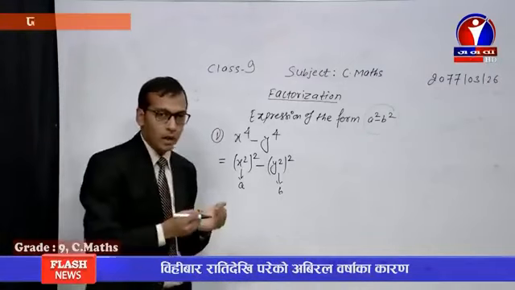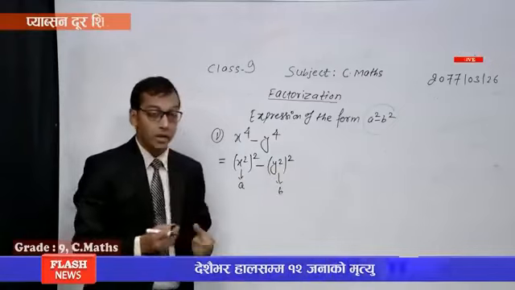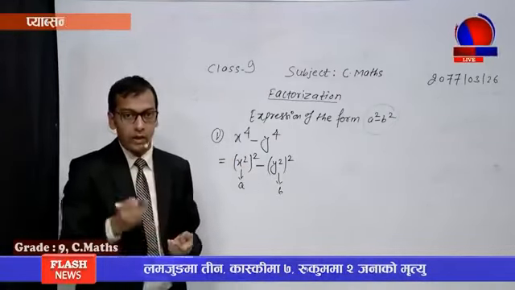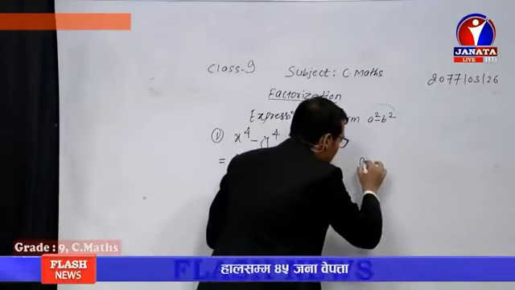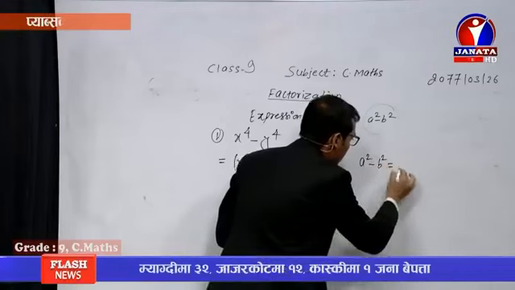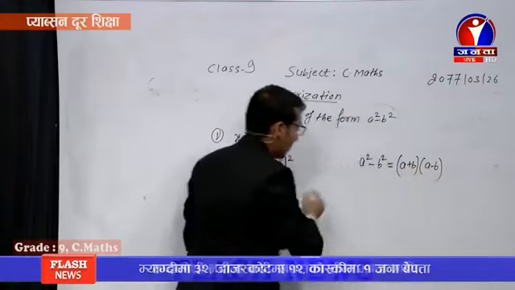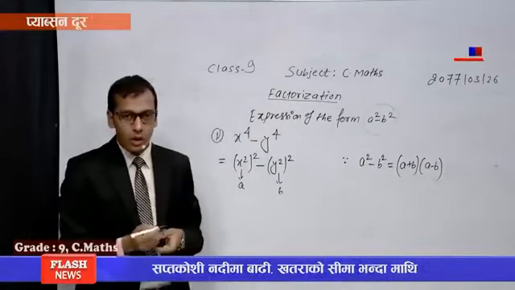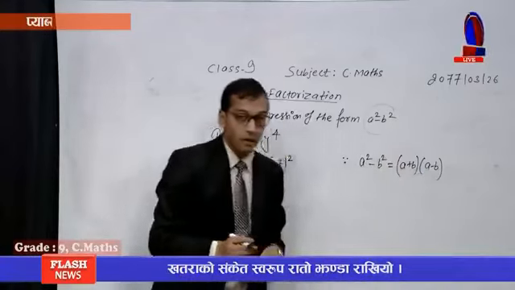We can simply look at the bracket: a is x square and b is y square. So what are the factors of a square minus b square? We know this: its factors are a plus b times a minus b.